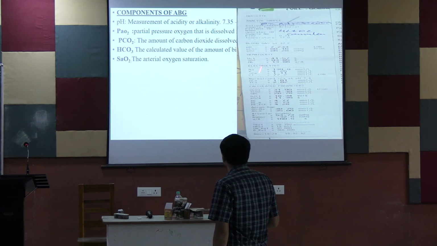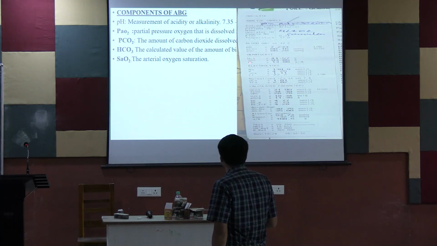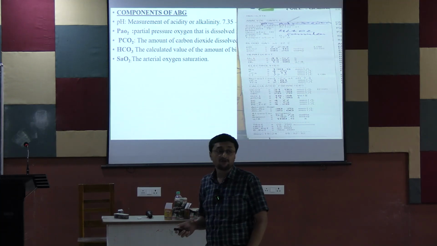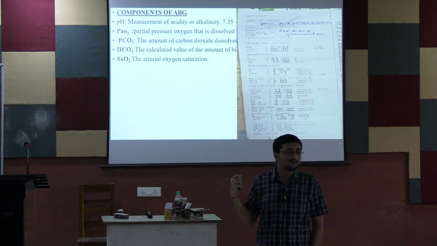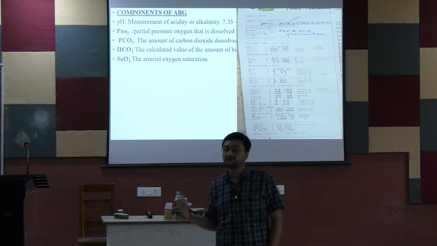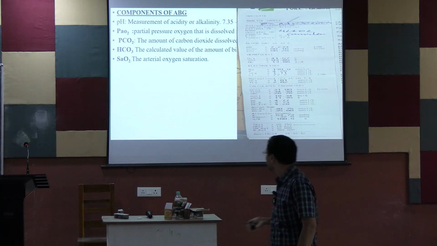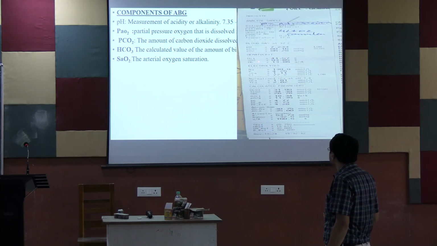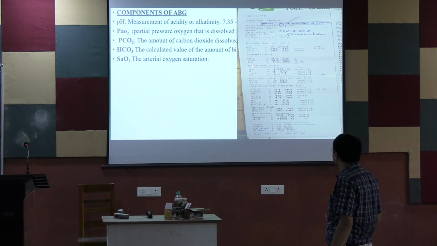So next one, what is this? This is HCT, that means hematocrit value, and hemoglobin value is also there. You can measure hemoglobin and hematocrit from ABG. What is this? This is SO2 or SaO2.